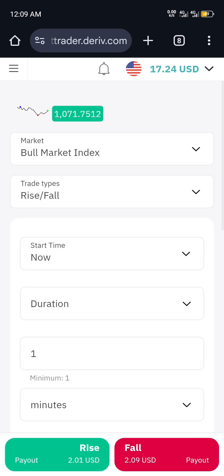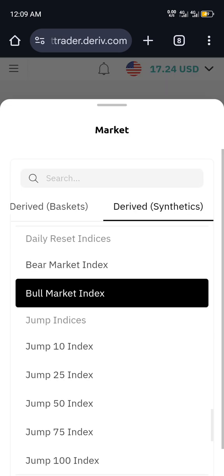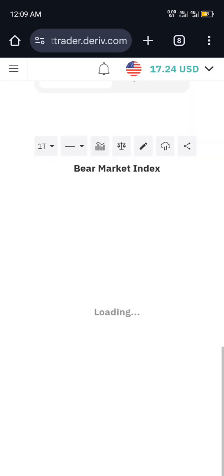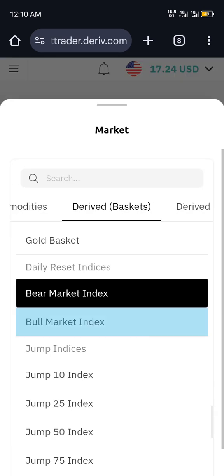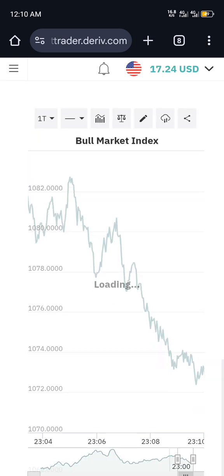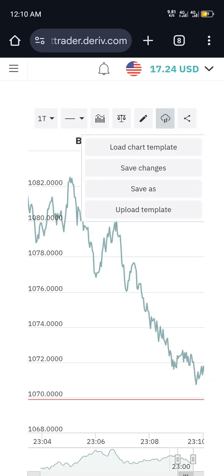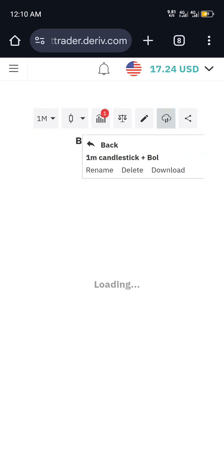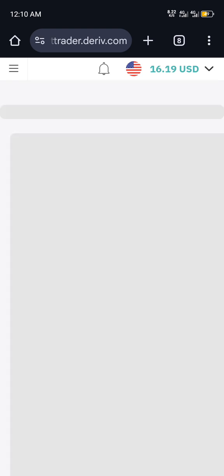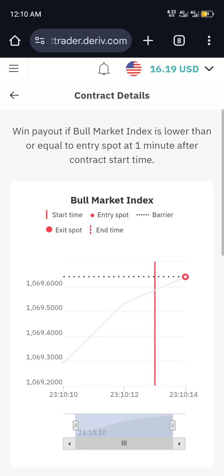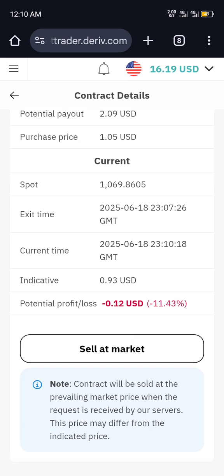So I check another market. Oh, it has broken through the support, but we were not there.